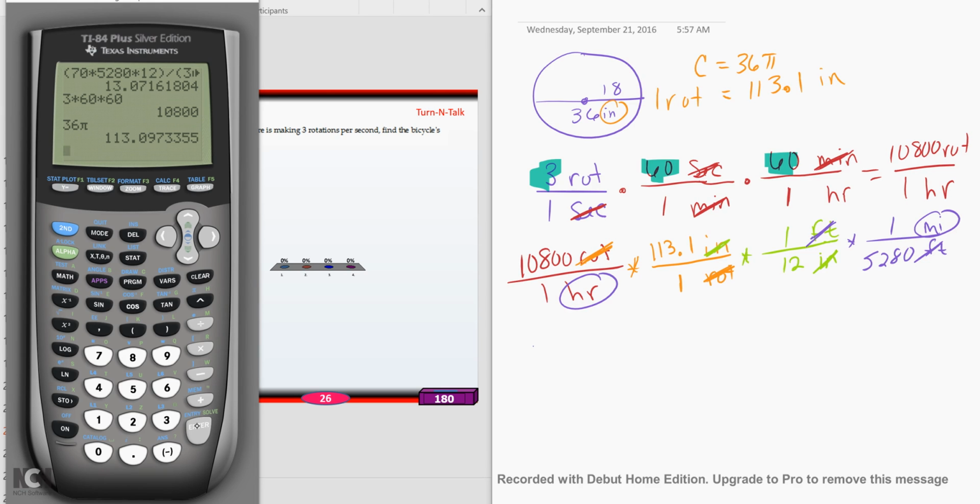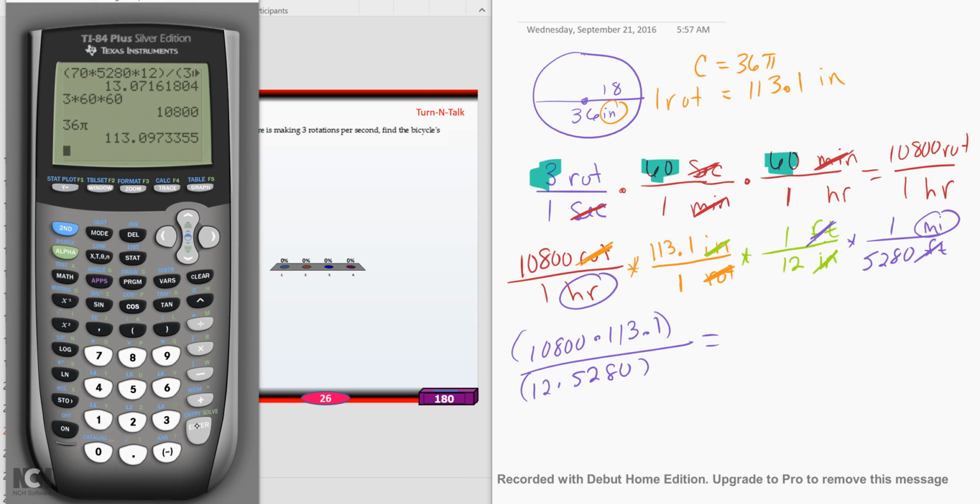So on top I have 10,800 times 113.1 times 1 times 1. On bottom I have 1 times 1 times 12 times 5280.